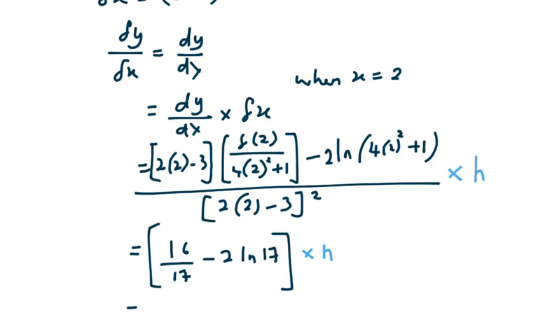Hence, your final answer will give you negative 4.73h. So the marks allocation: when you attempt to put in x equals 2, you will get your first mark. The next mark will go to getting the final answer.